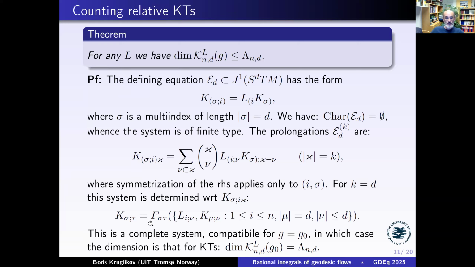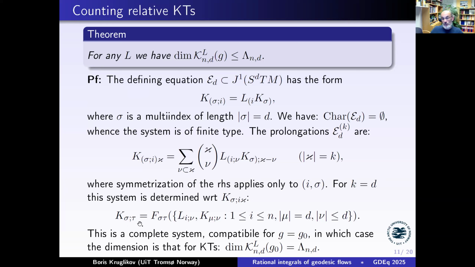Okay, so here it should be some function, a complicated algebraic expression of smaller k mu nu. So nu here is a multi-index of length less than d, and that's numbers. Okay, so we will be able to express all derivatives of k sigma of sufficiently high order.